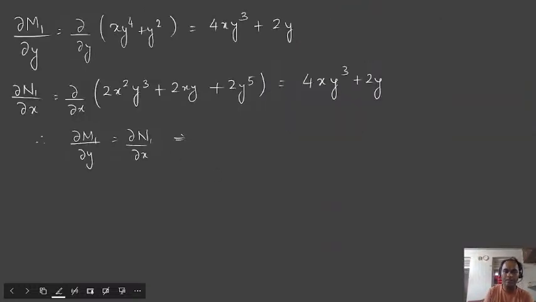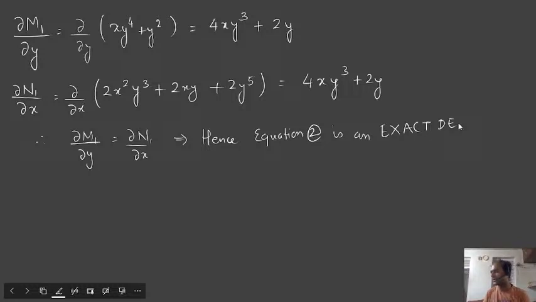So we can now claim here that equation 2 is an exact DE. This is the claim that you can make. Now let us see how to handle the solution.